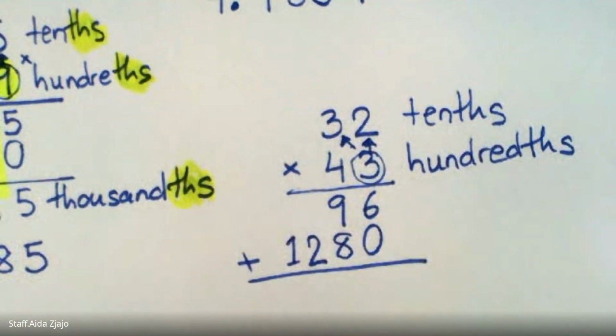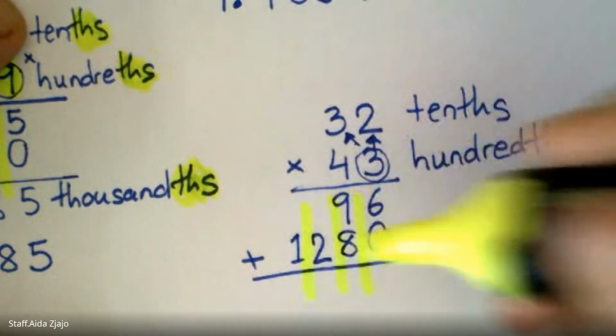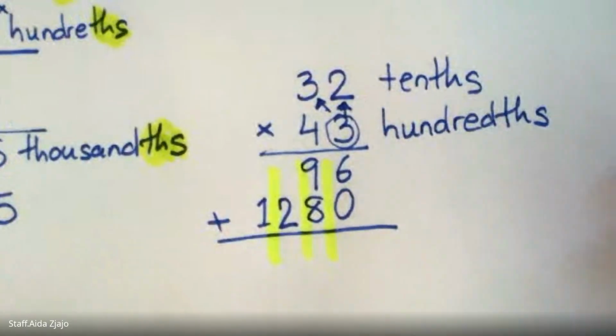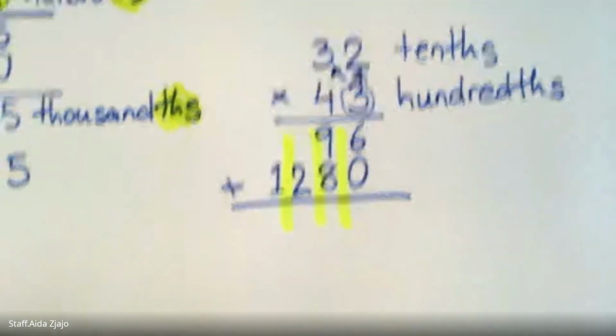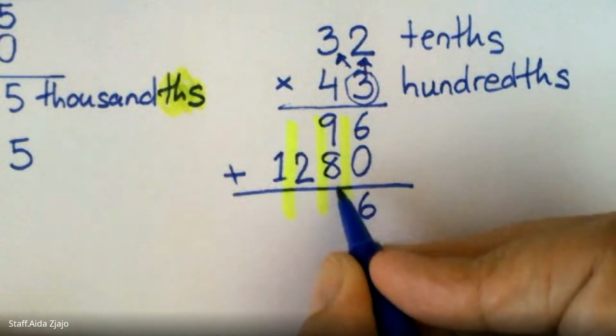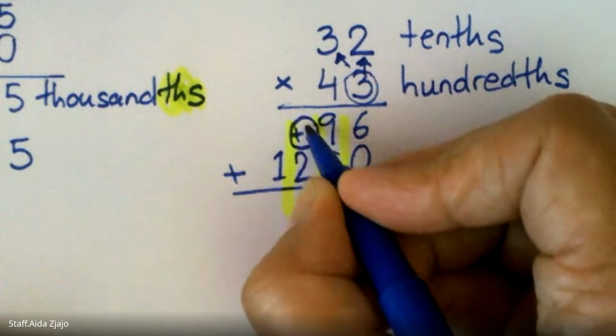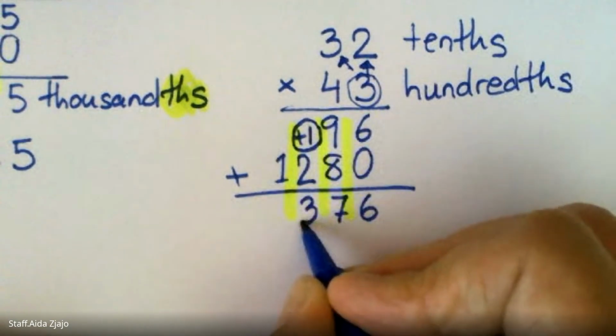So I'm going to add those. If I take my highlighter, which I like to do, okay, this is 6, then 8 and 9 is 17. Remember 1. 1 plus 2 is 3.